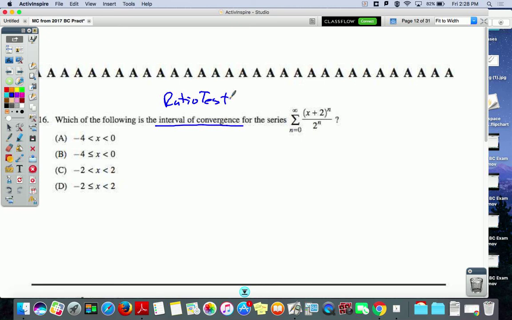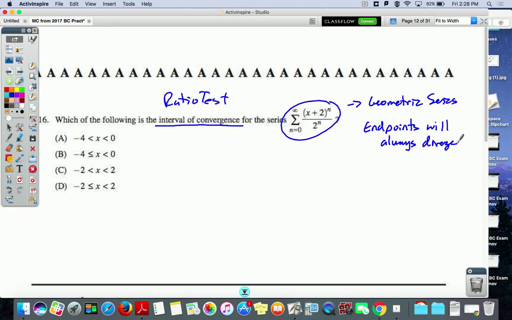Now the other thing I want you to note is, if you take a look at this series, both the numerator and the denominator are being taken to the nth power. So what this means is that this is a geometric series. And what we know about geometric series is that the endpoints will always diverge.